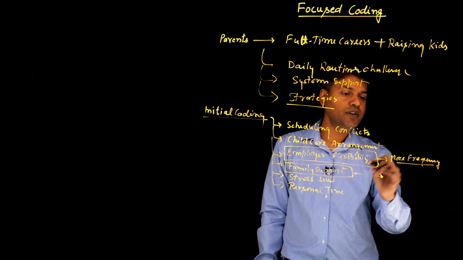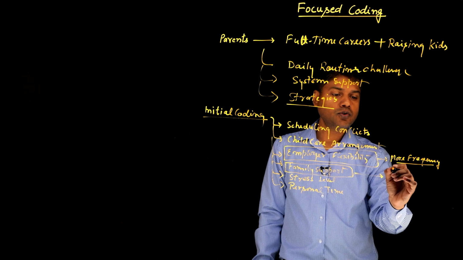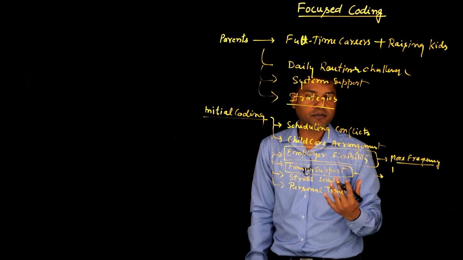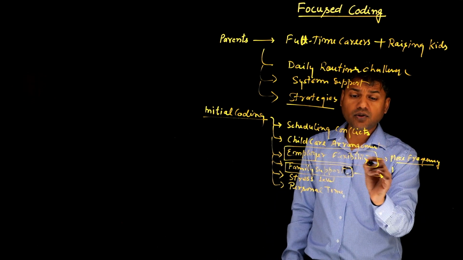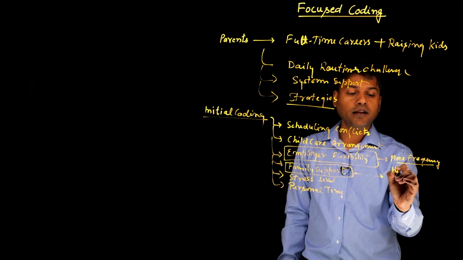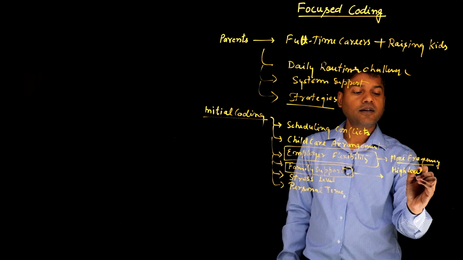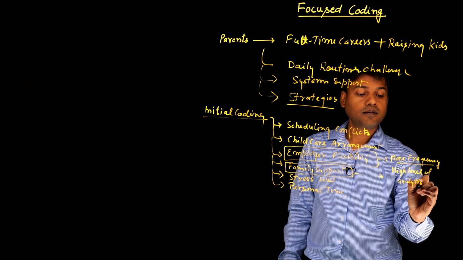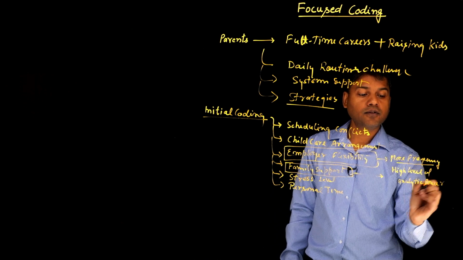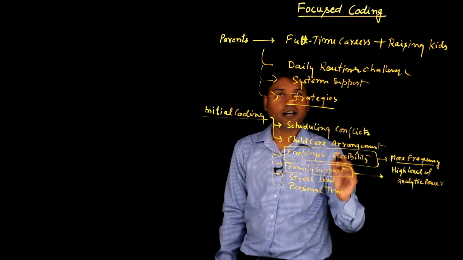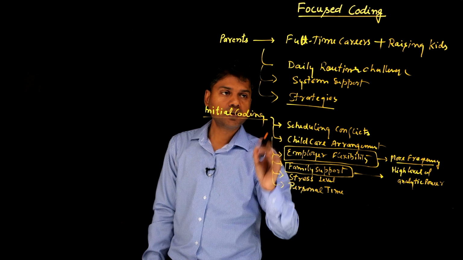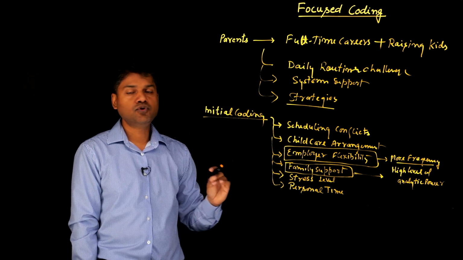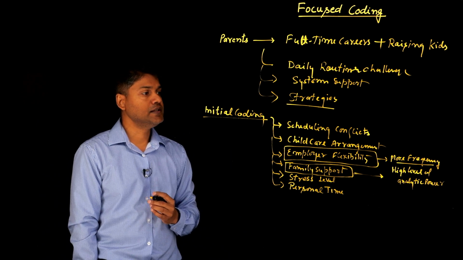So more frequency, and also based on my experience interviewing these people, it seems that these codes have a high level of analytic power to explain the phenomenon that I'm exploring here, which is understanding how parents are balancing their full-time careers and raising kids.